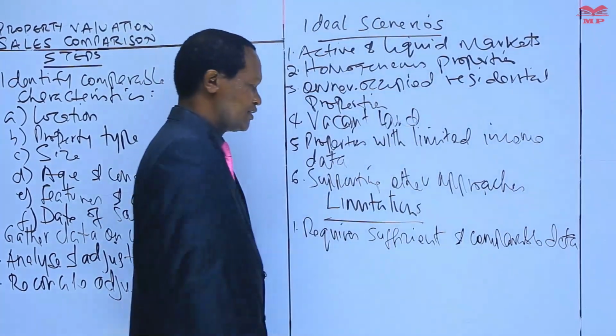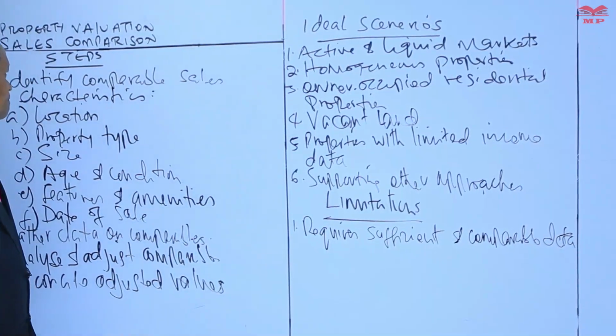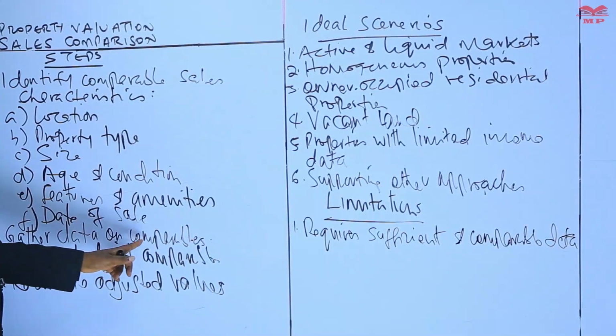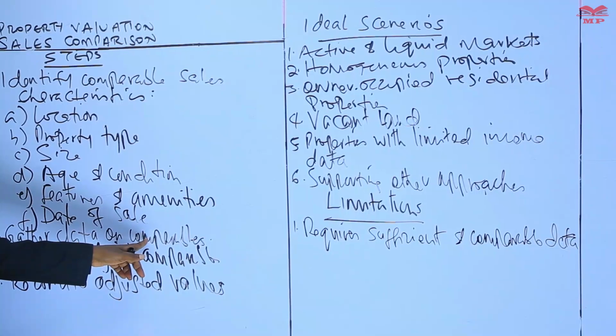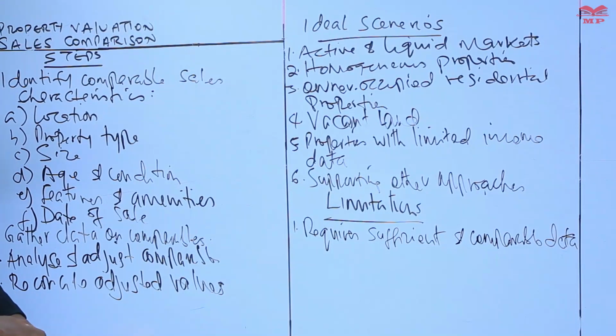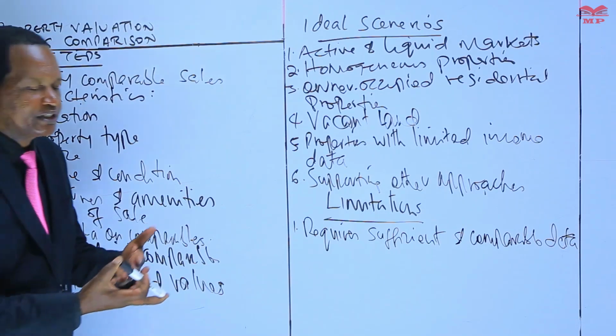One has to gather sufficient data. You saw in step number 2, gather data on comparables. So the biggest limitation is its reliance on the availability of recent sales data for properties that are truly comparable to the subject property.